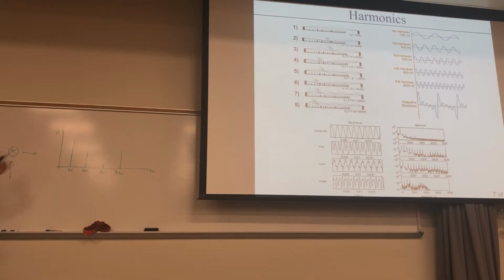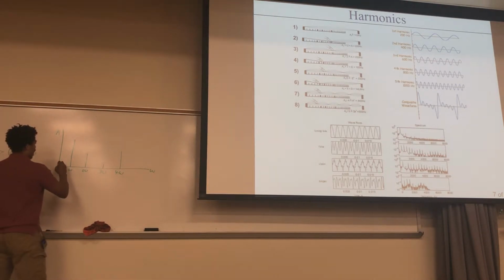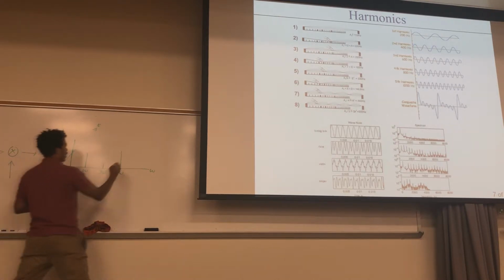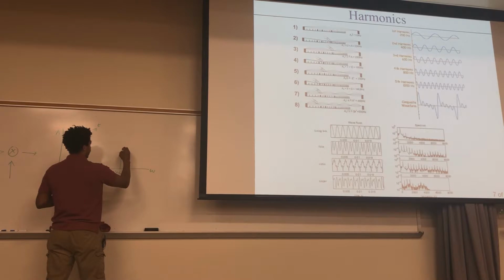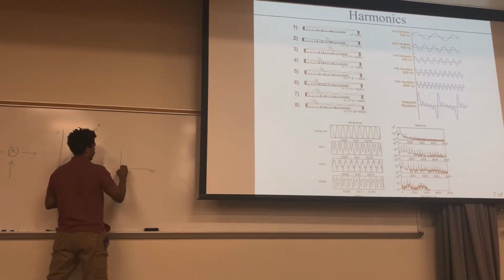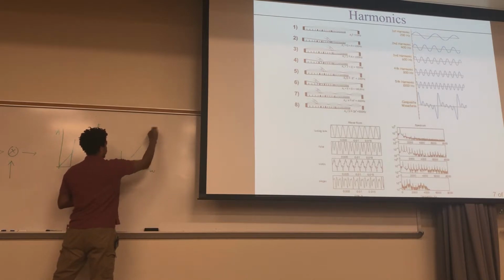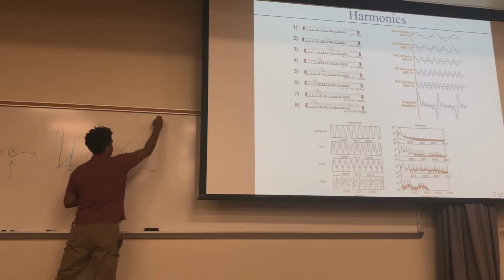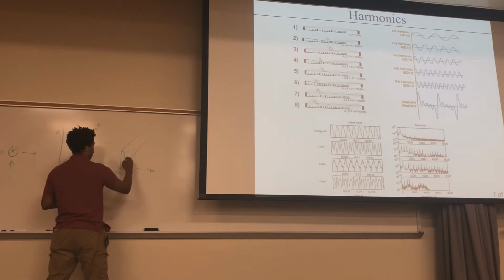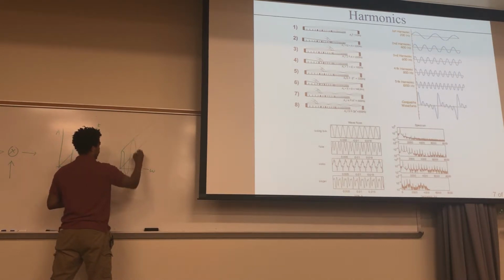So if you did it in 3D, you would have time on this axis, and this would be the amplitude of that sinusoid contribution. If I were to plot this out in the third dimension, it would be a sinusoid at that amplitude, looking something like this.